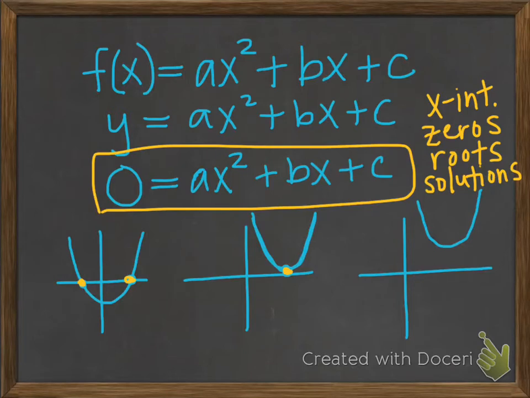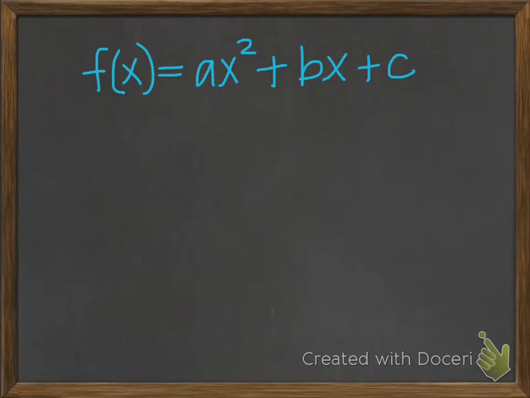So what we're going to learn is a formula that helps us find those values of where it crosses. I'm going to show you how that works. So if I wanted to find these values, this is how the quadratic formula works. In your equation, a, b, and c are actually going to be numbers or values. So you're going to identify those first, and then you're going to plug them into this formula.